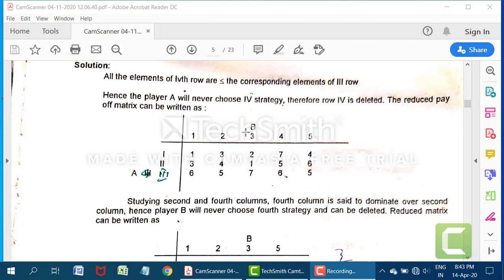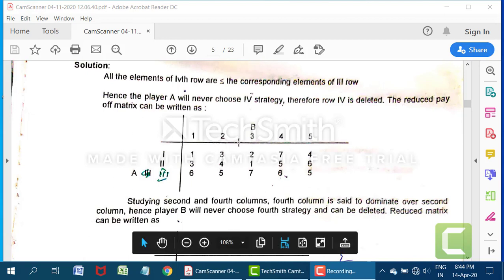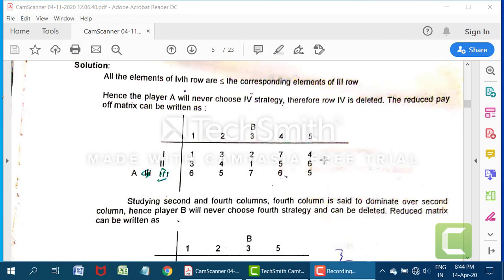He will retain these values, and these are the losses to the player B. So any column which contains larger values compared to the corresponding elements of the other column can be deleted, and the column which contains the larger pair of elements will be deleted. Why? Because he is going to lose in a large way if he plays with that strategy. See here, any column contains lesser elements compared to the other column. That you see.